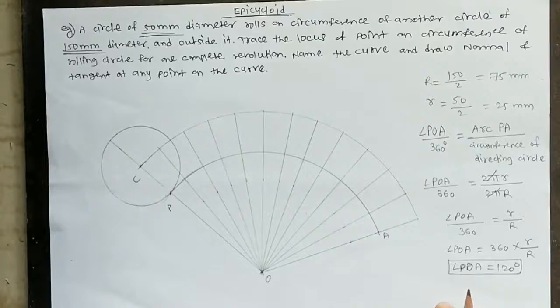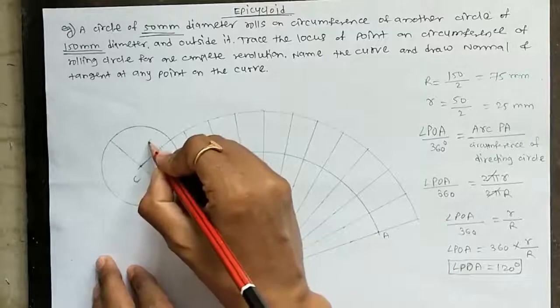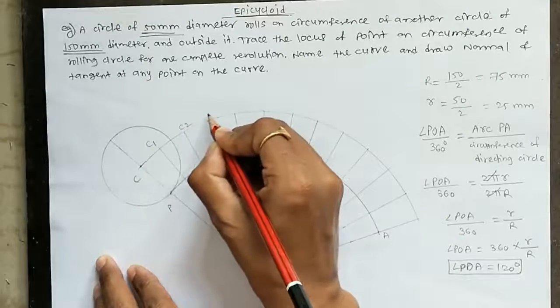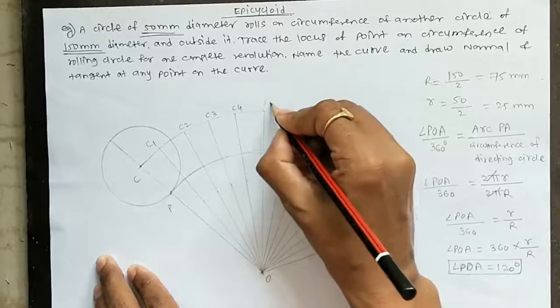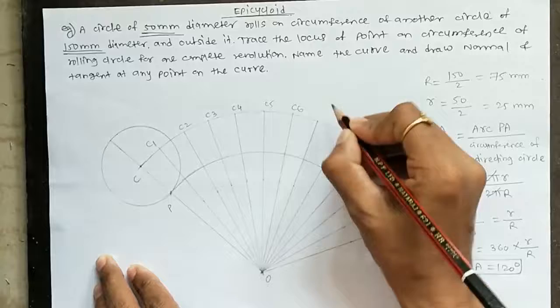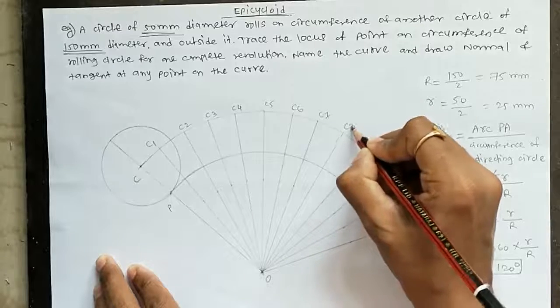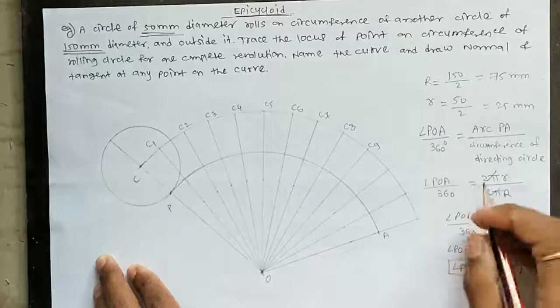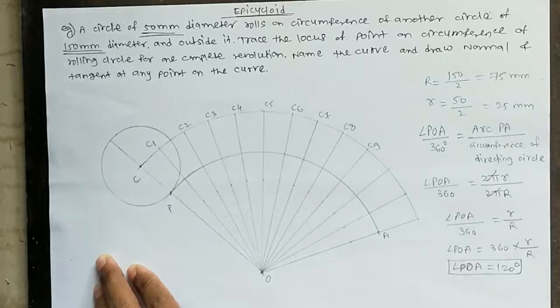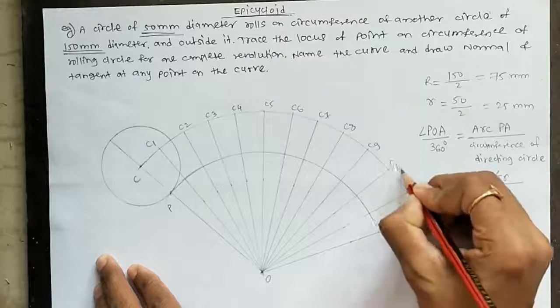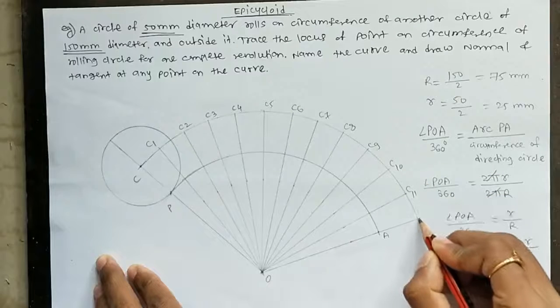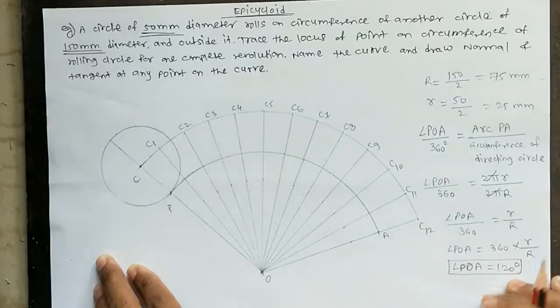Give names to these various points. This point as point C1, C2, C3, C4, C5, C6, C7, C8, C9, C10, C11 and last point as C12 point.